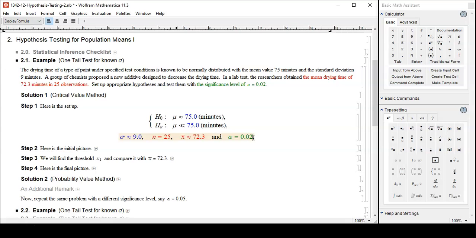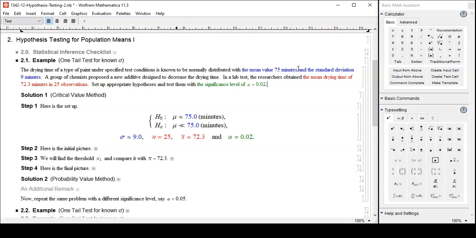Read the problem carefully and find where that standard deviation of 9 minutes came from. It came with a null. The problem says it is known to be normally distributed with the mean of 75 minutes and the standard deviation of 9 minutes. It came with a null. What do you mean by null? Nothing to do with the sample. It came out of nowhere. So it's the population standard deviation, not sample standard deviation.